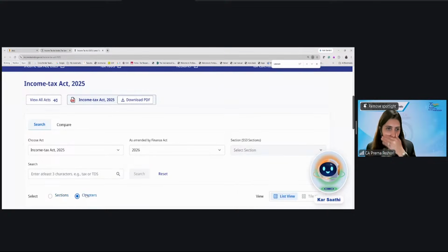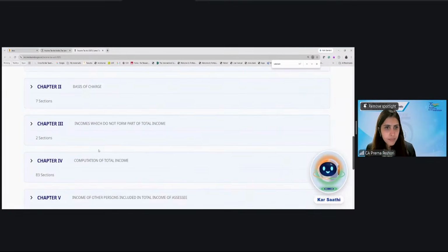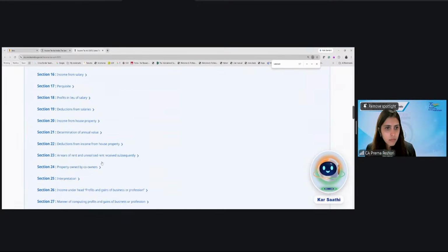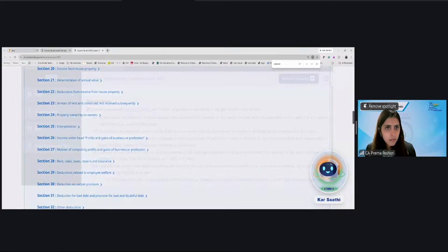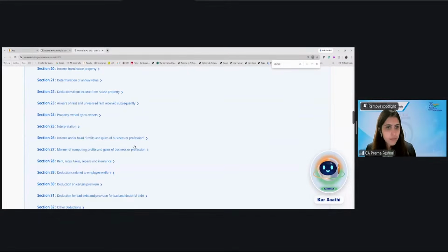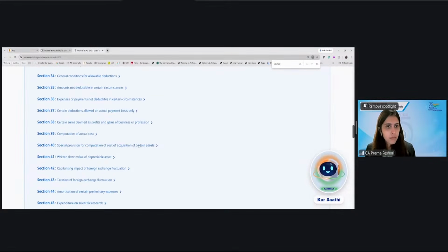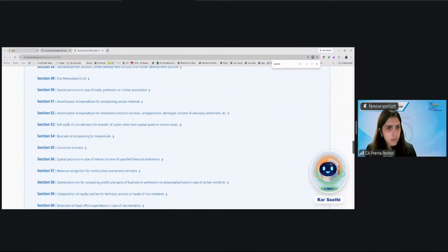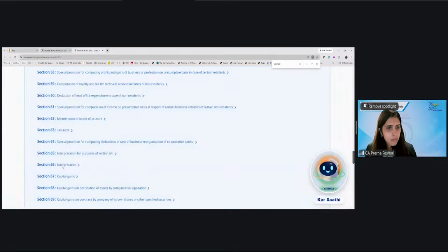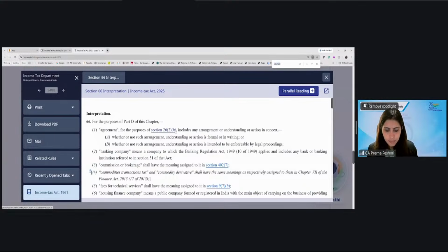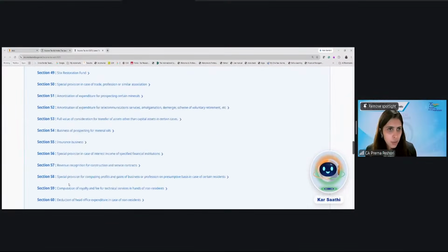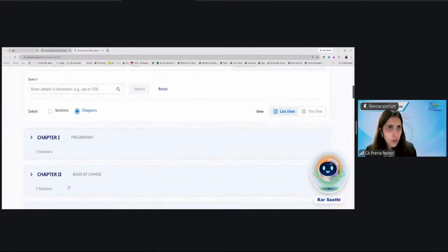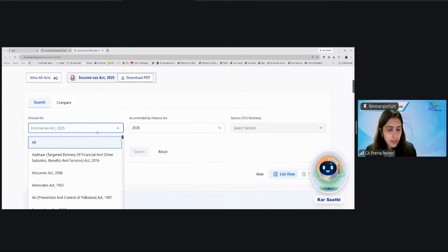So let us say, one second. Let me see where the intangible asset definition is given. Okay, let me go to the old act. It is much easier for us also.